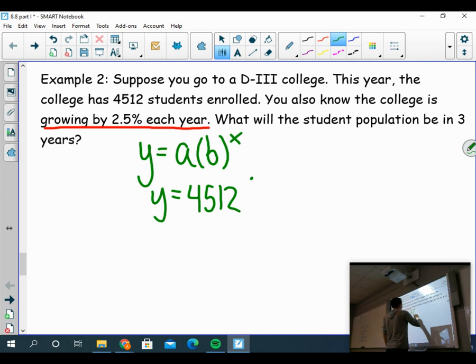So our B value in this case, our rate of change, we are increasing by a percent.